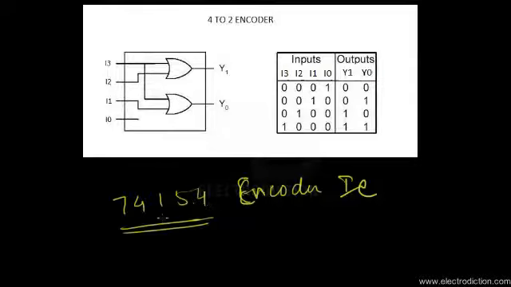In this IC we have 8 inputs and 3 outputs. So this is an 8 to 3 encoder. Other than this, there are several types of other encoder ICs also available. If you need, you can check on the internet, as I said before.